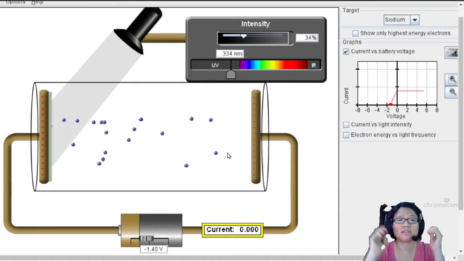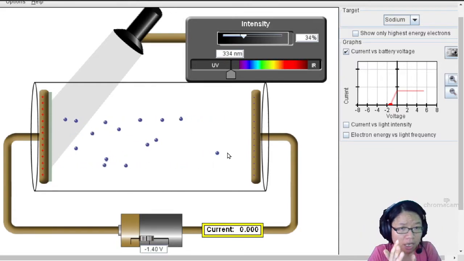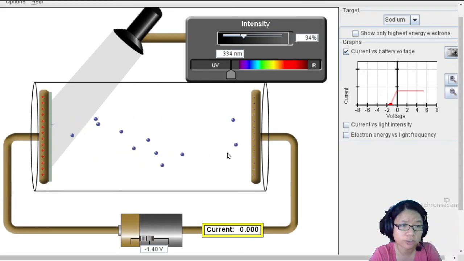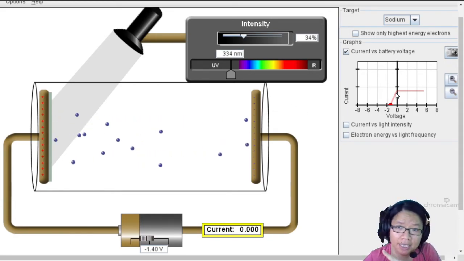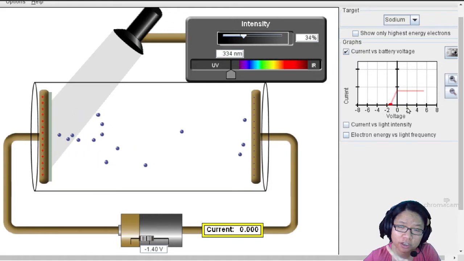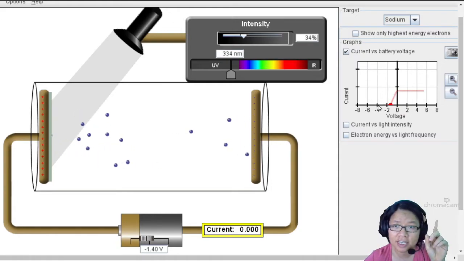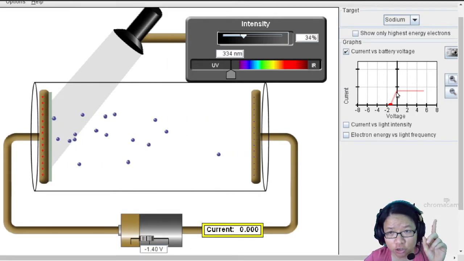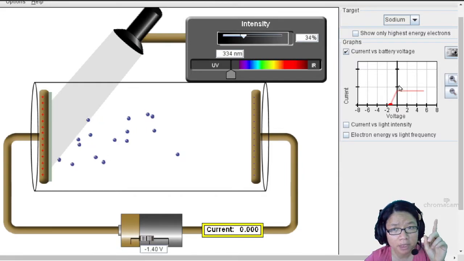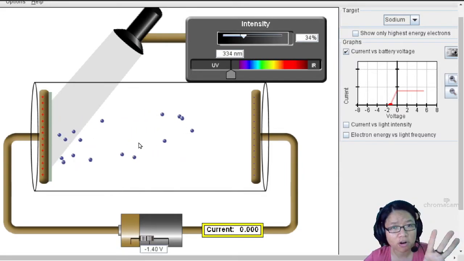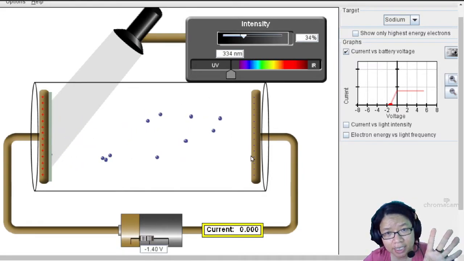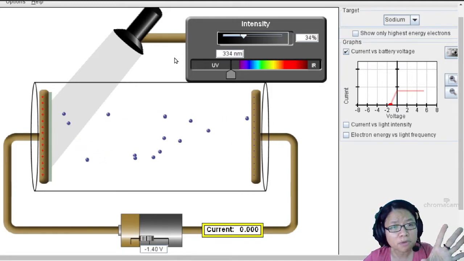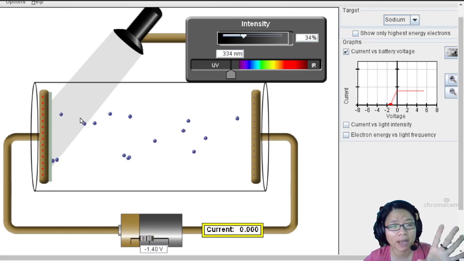So what are the different things that you learn here? Number one, this shows that the electrons have a range of kinetic energy, because as I increase the negative potential, less and less electrons will arrive per unit time. So think of current as the number of electrons arriving at the opposite plate per unit time. The number of electrons released is only dependent on the photon.